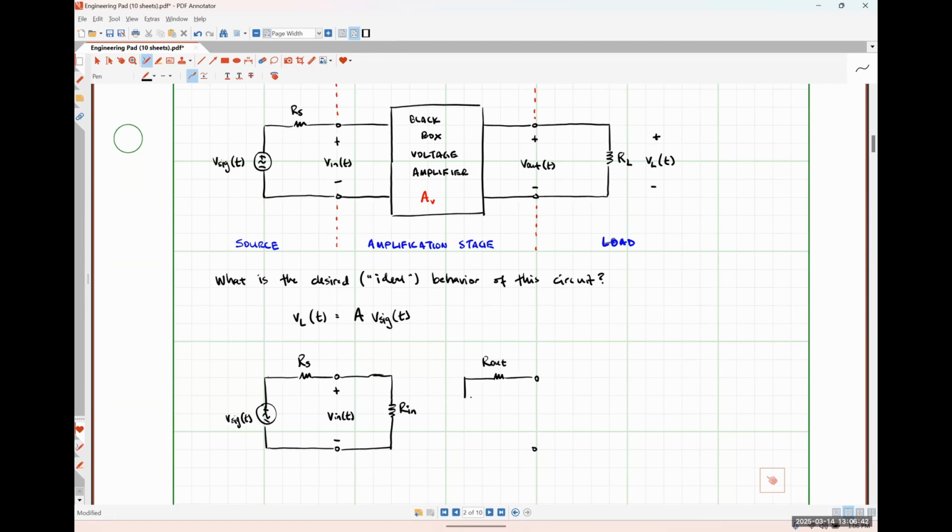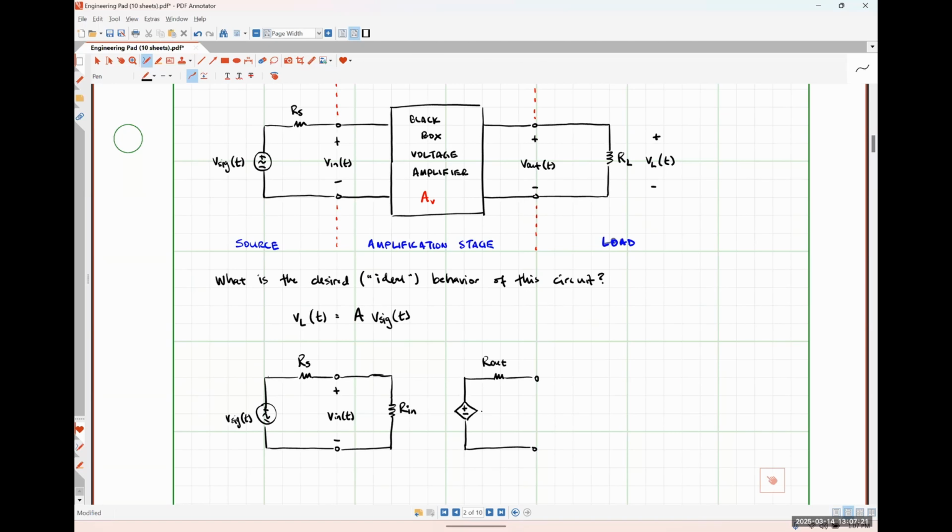And it's going to be in series with a voltage source. Now, in circuits 1, we always had an independent voltage source. But we're expecting our device, because it's an amplifier, to be able to scale that input signal to generate some different output signal. So I'm going to choose to use a dependent source here in my Thevenin equivalent circuit to take into account that scaling that we expect to see because we've got an amplifier, okay?